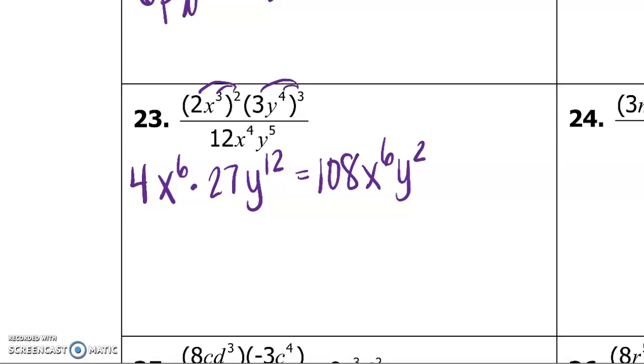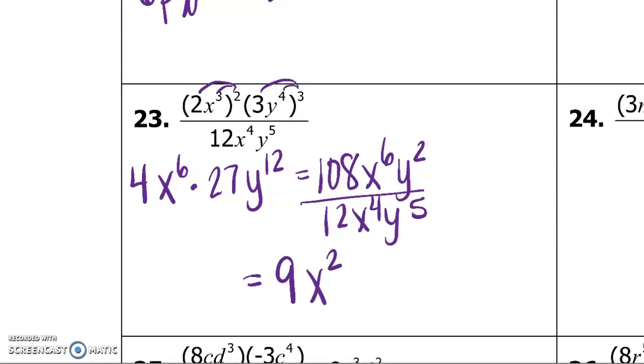So that's your whole top. Your bottom, you can just rewrite then, is 12, x to the 4th, y to the 5th. So your final answer, 108 divided by 12 is 9, x squared, sorry, I forgot my 1 there, and y to the 7th.